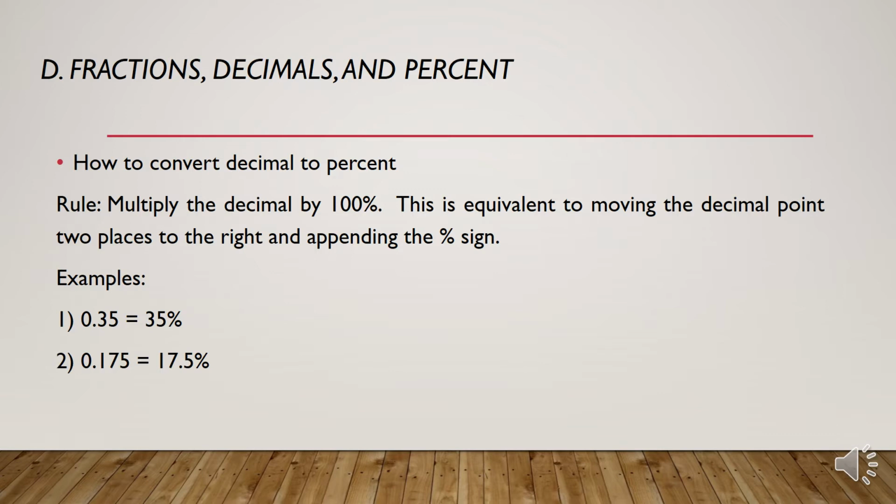Or else, if you are not going to multiply, just move 2 places to the right. So 1, 2. The decimal point will be here between 7 and 5. And then don't forget to write the percent sign on the right side.